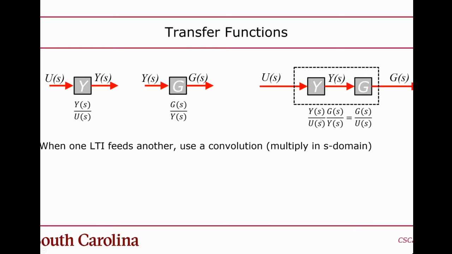For example, if this transfer function is y over u and this one is g over y, and I multiply them, I get a composite transfer function that would be g over u, right?